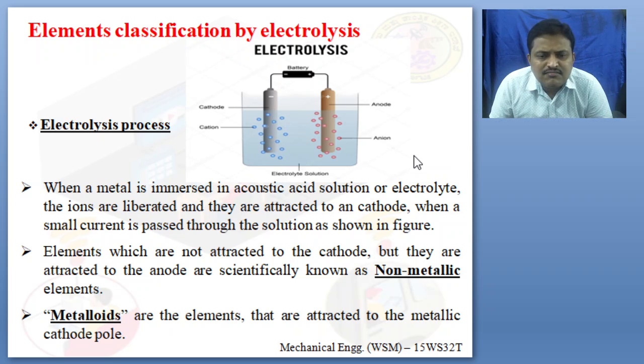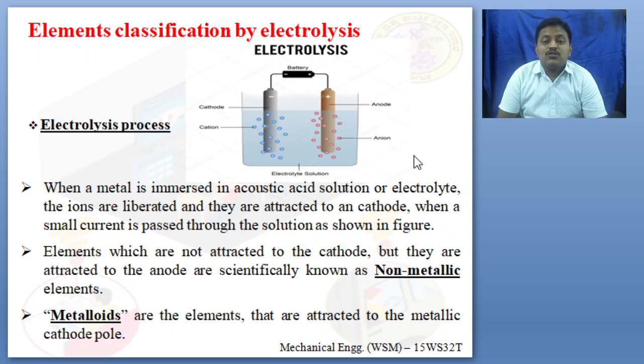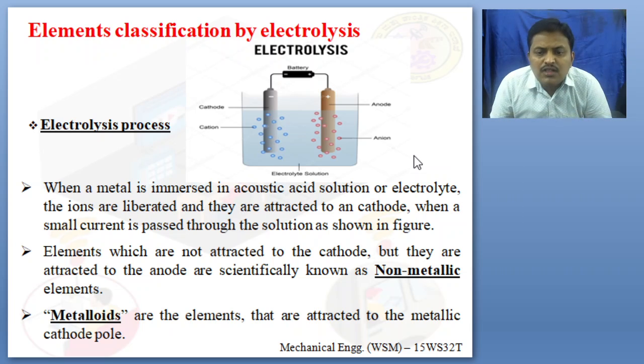Elements which are not attracted to the cathode, please make a note. Elements which are not attracted to the cathode but are attracted to the anode are scientifically known as non-metallic elements. So what are metallic elements or metallites? It's the opposite of that.